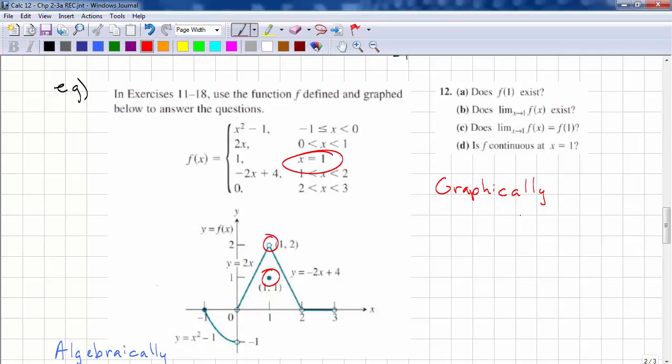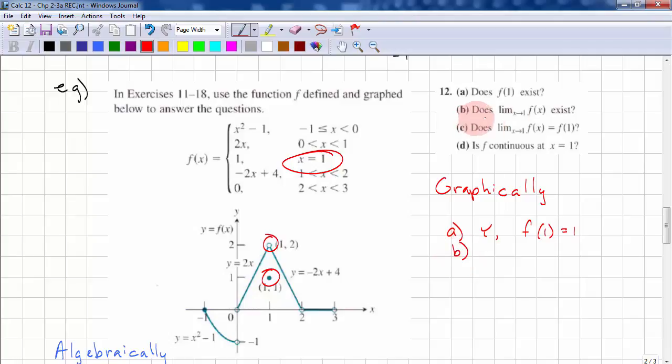You should be able to look at a graph and just say what the limits are. A, does f of 1 exist? It does, so we should just answer the question. Yes. f of 1 is simply this. f of 1 equals 1.